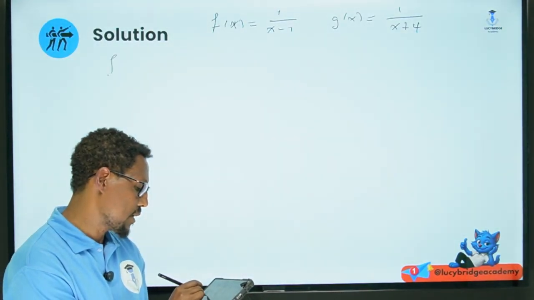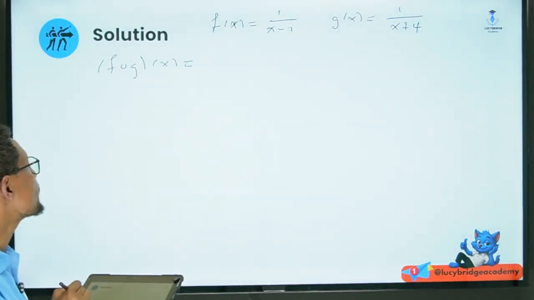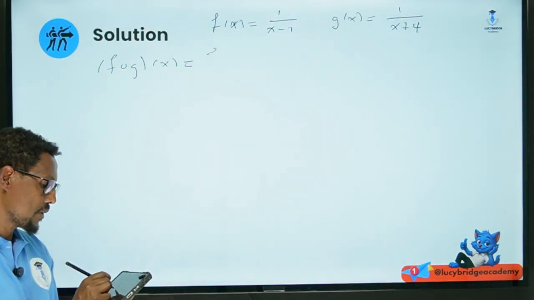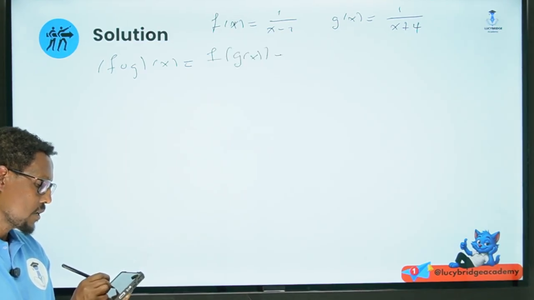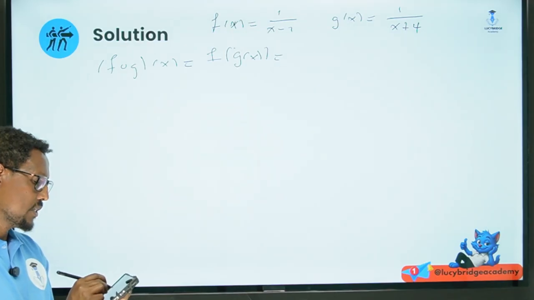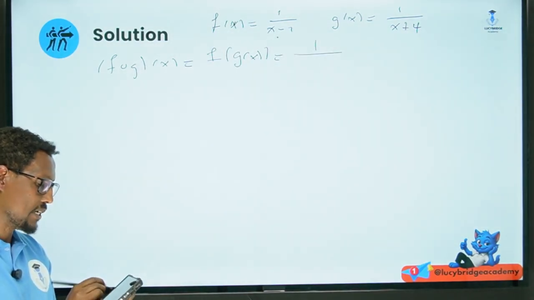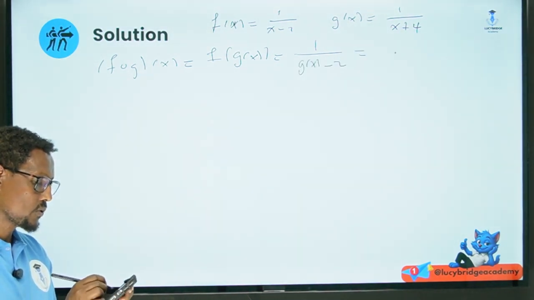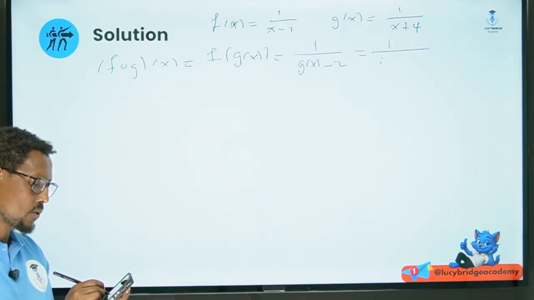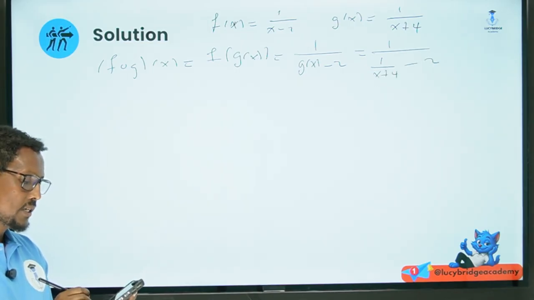f circle g of x is equal to f of g of x. f is 1 over x minus 2, so it is 1 over g of x minus 2, which is equal to 1 over, g of x means 1 over x plus 4, minus 2, right?